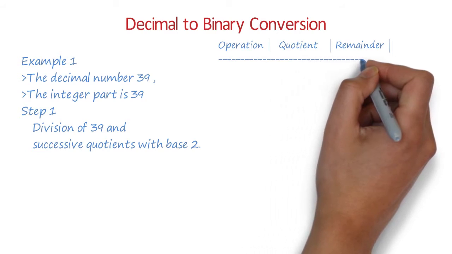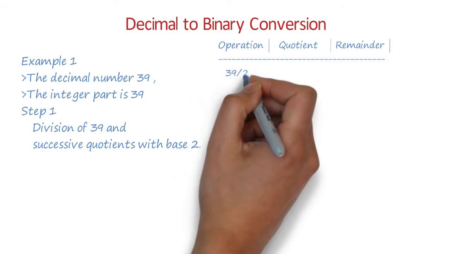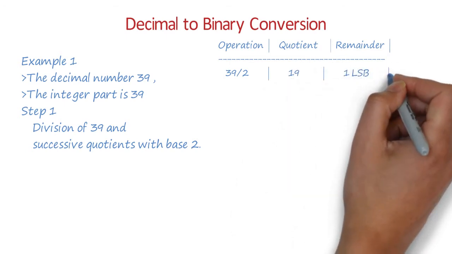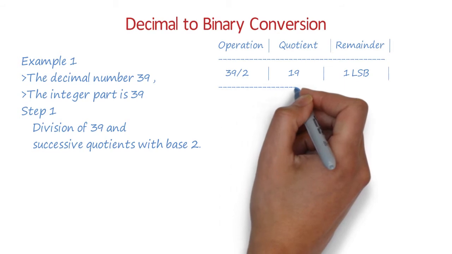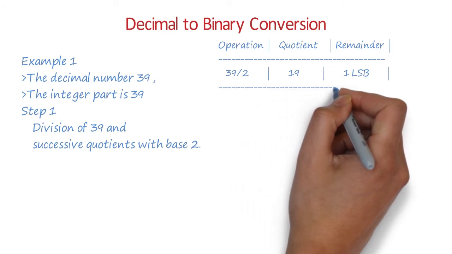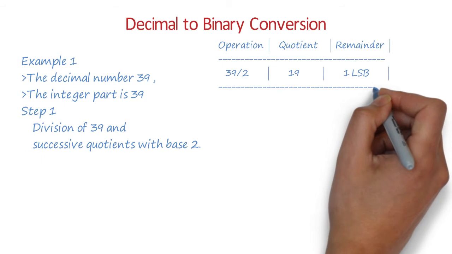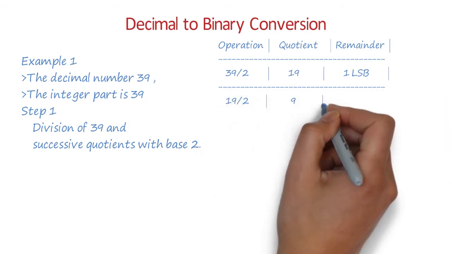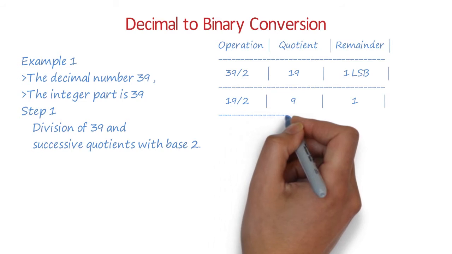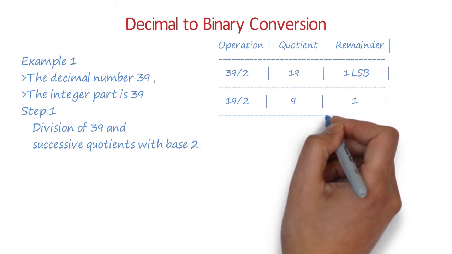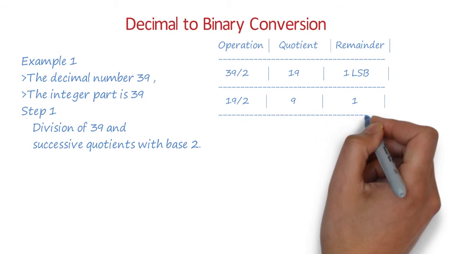The quotient will be 19, and 1 will be the remainder, since 19 into 2 is 38. Then I will take 19 to the next operation. 19 by 2 is equal to 9 quotient with 1 remainder.